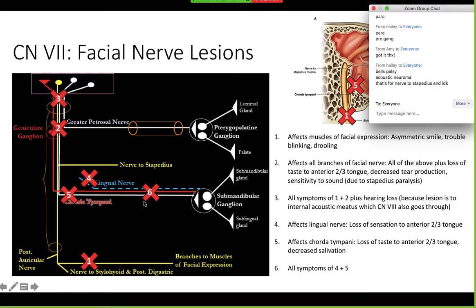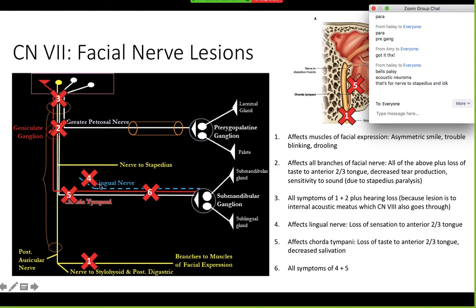So 4, 5, and 6, the only difference here is whether or not the lingual nerve is involved. So if you have a deficit just to the lingual nerve itself, you're getting loss of sensation to the anterior two-thirds of the tongue. But if you have a lesion here, you have a much bigger problem.